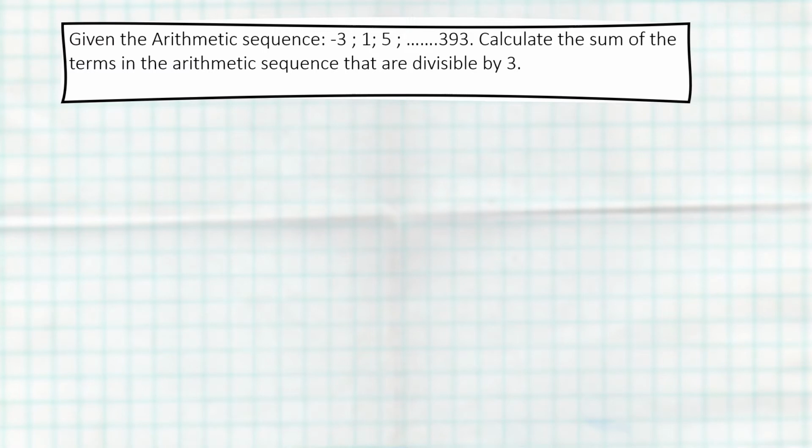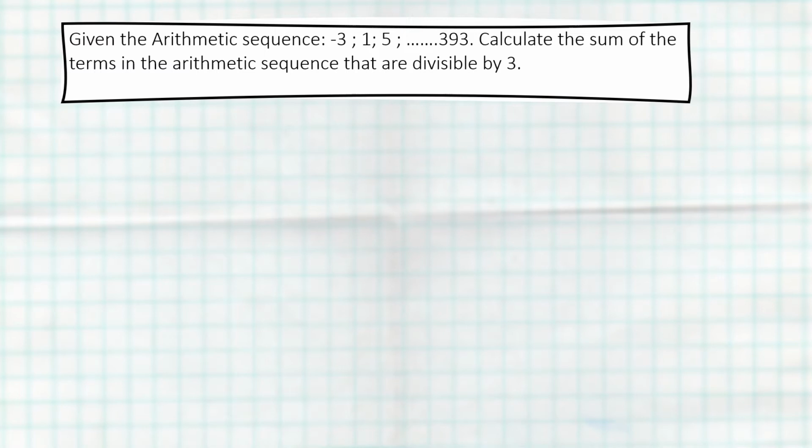The restriction here is that you have to calculate the sum of only those terms that are divisible by 3. So how do I know if a term is divisible by 3? Whenever you divide that term by 3, you don't get a remainder, right? In other words, when you divide it by 3, you just get an integer.